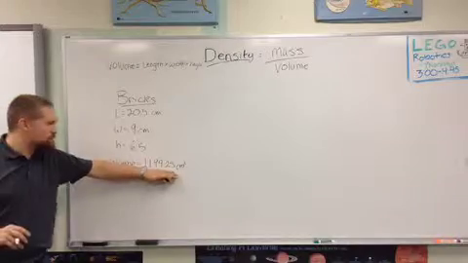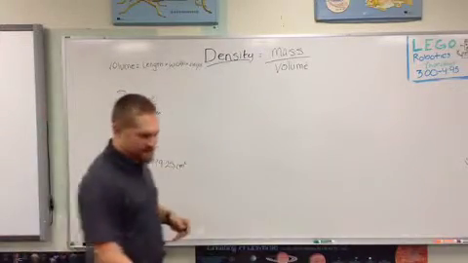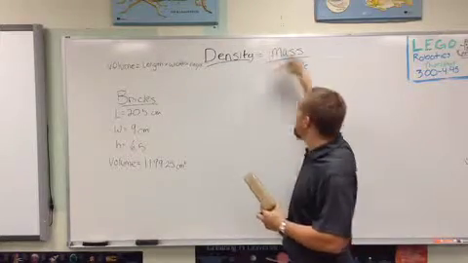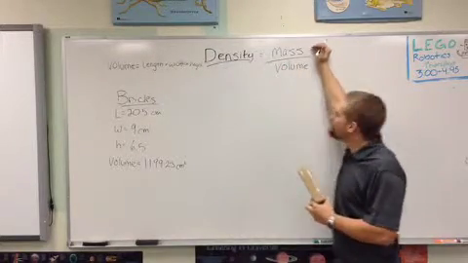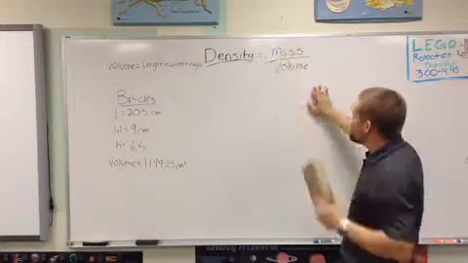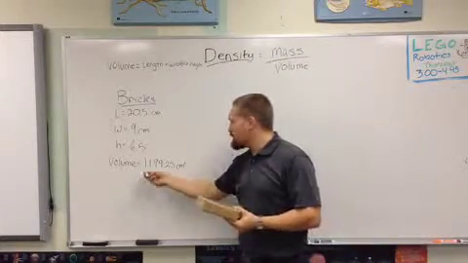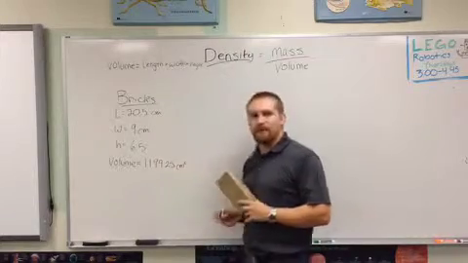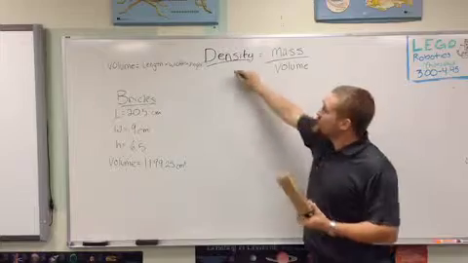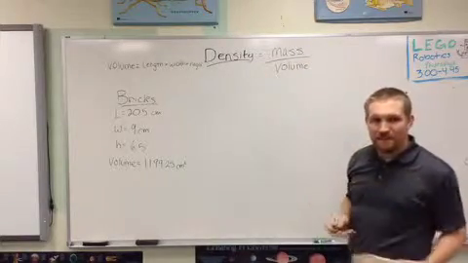Okay, so this number tells me how big this brick is. So if density equals the mass divided by the volume, we already know the volume of these bricks. Each brick is about 1,199.25 cubic centimeters. That's how much space it takes up. But to know what its density is, we also need to know what the mass is.